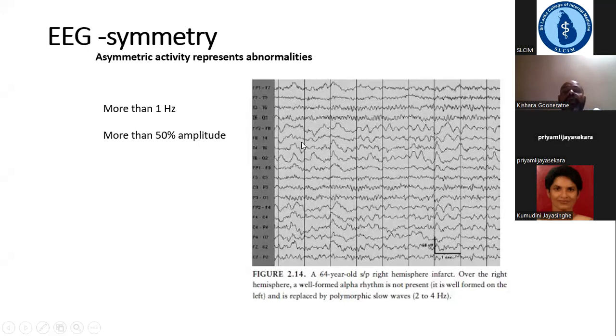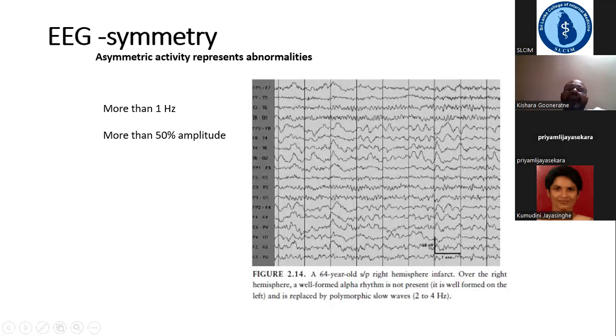You will notice that there is a marked asymmetry between the right and the left hemisphere. The amplitude difference is greater than 50%.